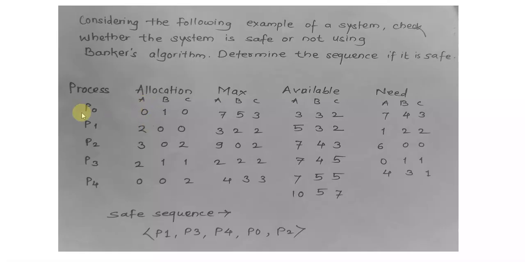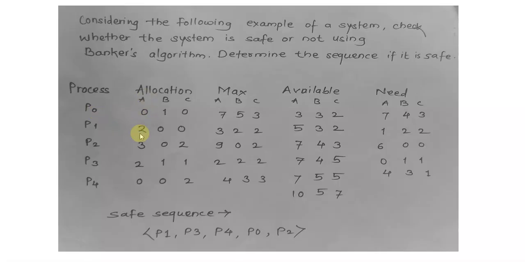See here, for P0 the already allocated resources are 0 instances of A, meaning no printer is provided to the P0 process. 1 instance of B is allocated to P0, meaning 1 scanner is allocated to P0, and 0 instances of C means no tape is allocated to the P0 process.